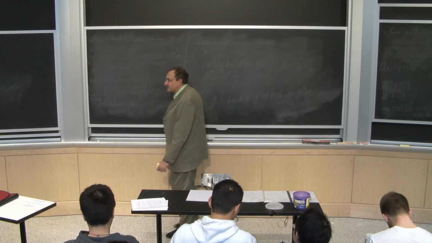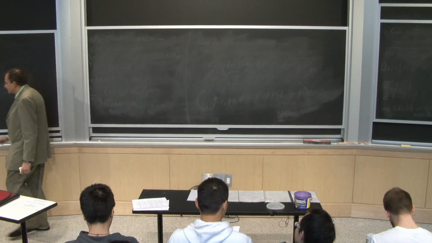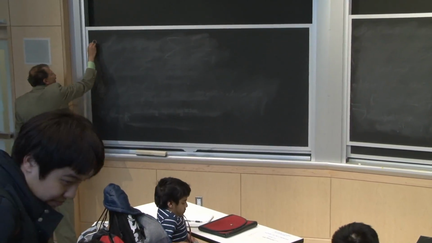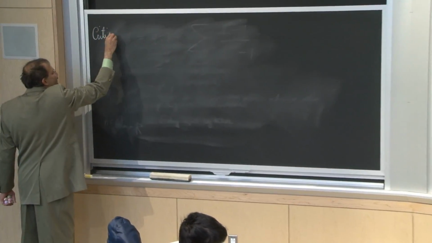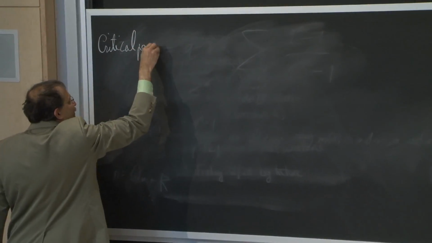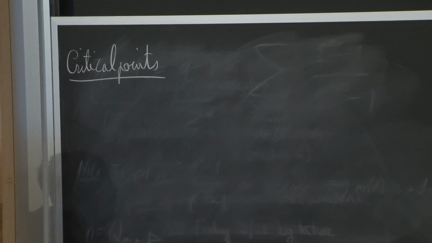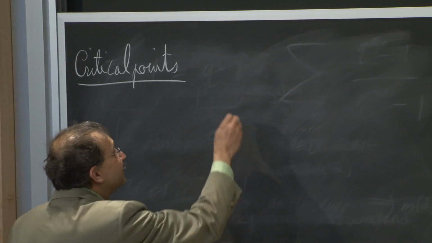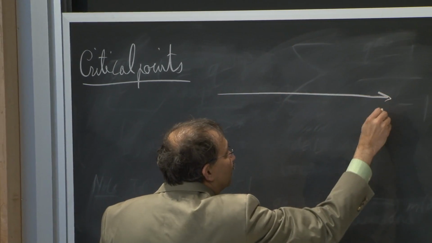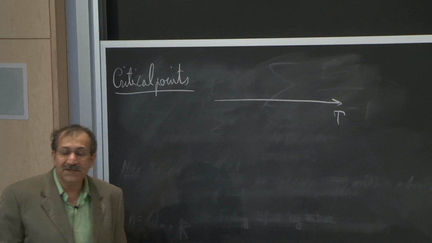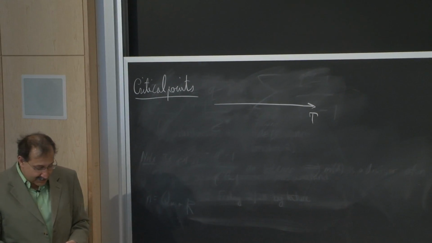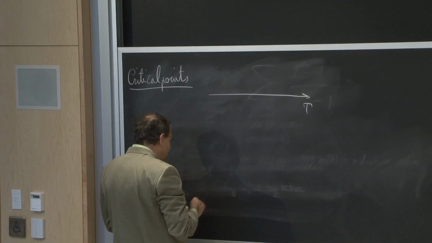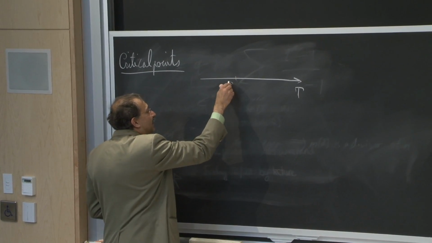Okay, let's start. So we've been trying to understand critical points. And this refers to the experimental observation that in a number of systems, you can be changing some parameters such as temperature, and you encounter a transition to some other type of behavior at some point.